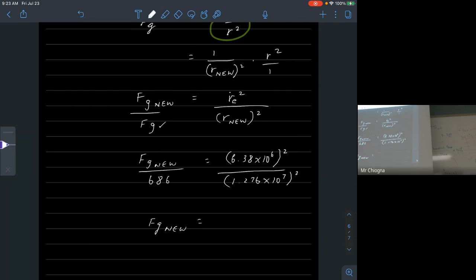So the new value works out to be 1.7 times 10 to the 2. It ends up actually being a quarter of the old value, right?